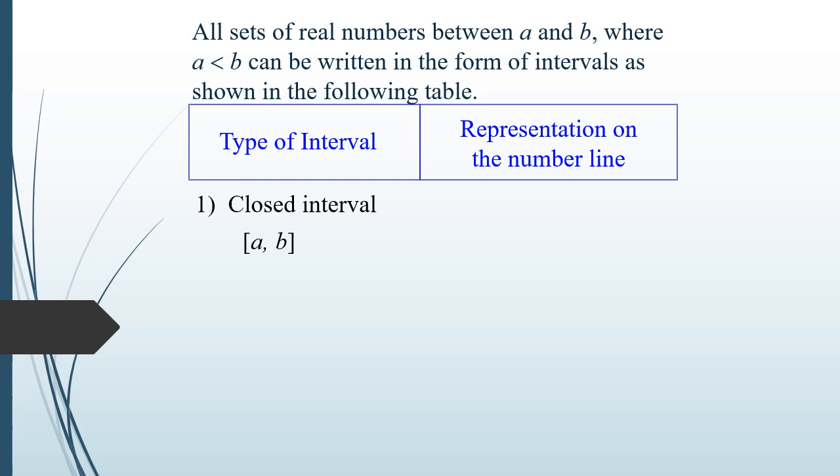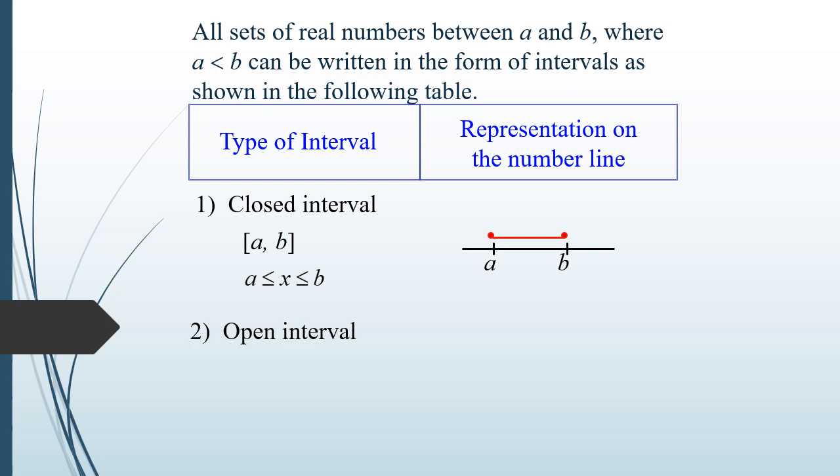Means that we include the values A and B. So we have inequality sign with equal sign, so less than or equal to. And then on the number line, we can represent it as the dense dot, or we can draw it as a full circle. Okay, and connect the 2 points.